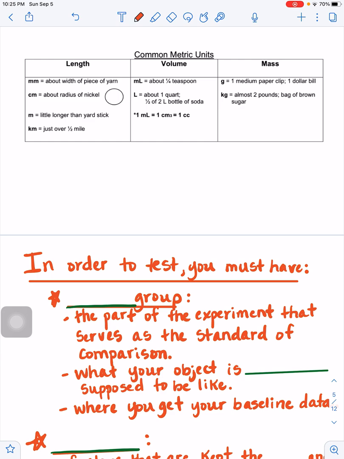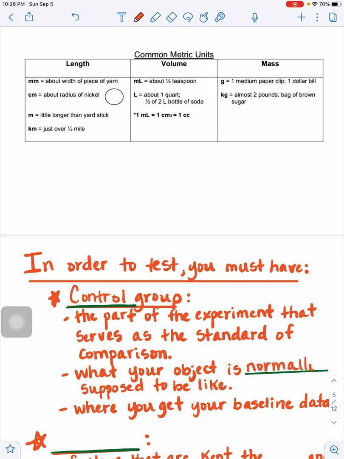Okay, moving on. In order to test, you must have these parts of your experiment. You must have a control group. Write that in. A control group. This is the part of the experiment that serves as the standard of comparison. It's what your object is normally supposed to be like.